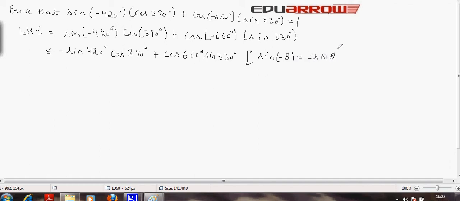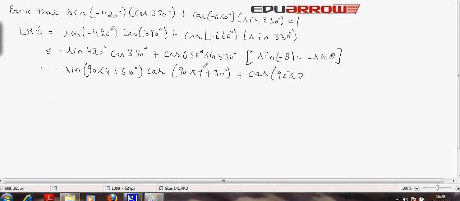Now converting this into form of alpha is equal to 90 into n plus minus theta, this will come out to be minus sine of 90 into 4 plus 60 degree, cos of 90 into 4 plus 30 degree, plus cos of 90 into 7 plus 30 degree, sine of 90 degree into 3 plus 60 degree.